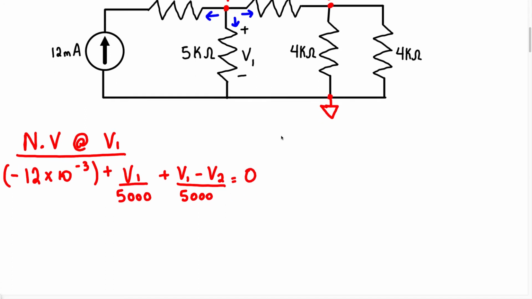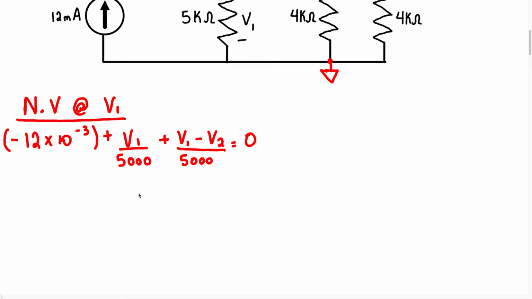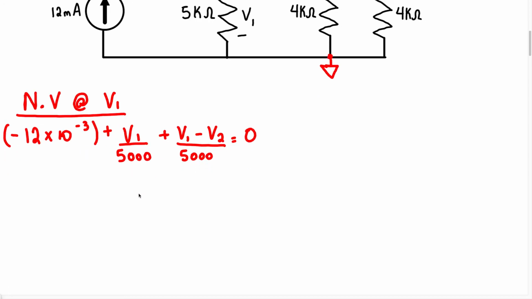Now let's start to simplify this. We can multiply the entire equation by 5,000 to get rid of this 5,000. So we have negative 12 times 10 to the minus 3 multiplied by 5,000, plus V1. We know if we multiply 5,000 by this particular term, those two 5,000s are going to cancel out.